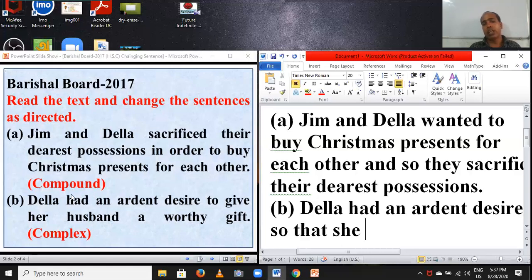The verb of this sentence, "had", is B2, so you have to use "could", and then you have to write "give her husband a worthy gift", the part after "to".